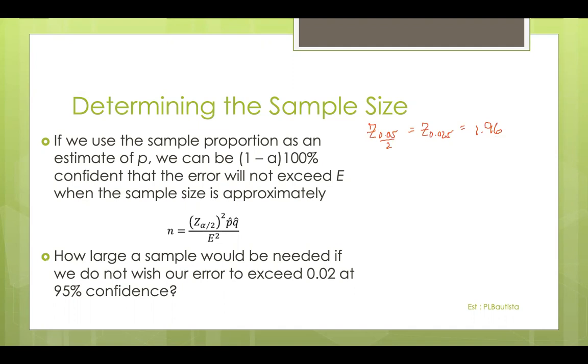So the sample size will be given by 1.96 squared times P hat, which is 0.68, times Q hat, which is 0.32, and then just divide that by E squared. You do not want the error to exceed 0.02, so that is the value that you plug into the denominator, and make sure you also square 0.02.